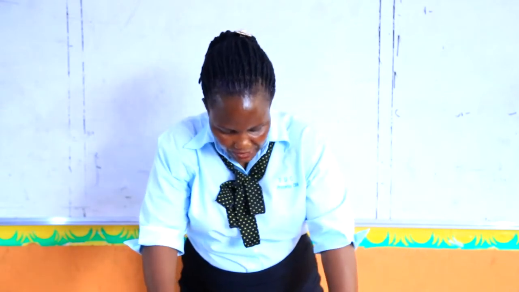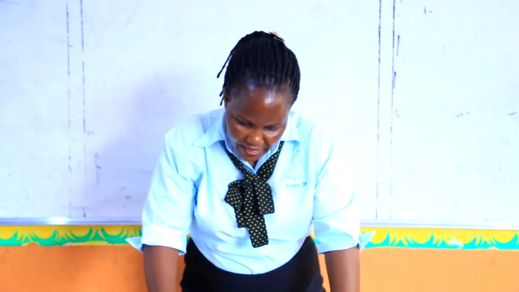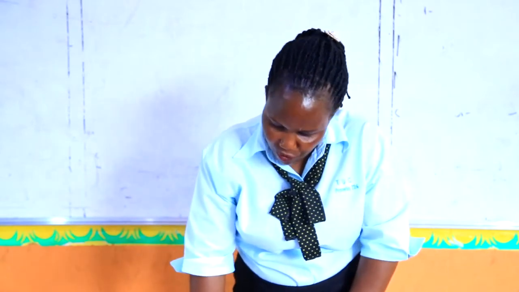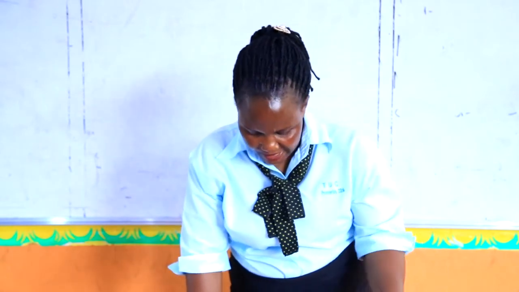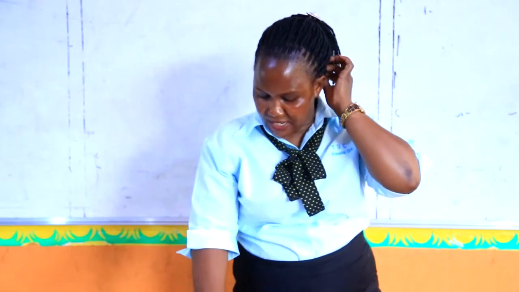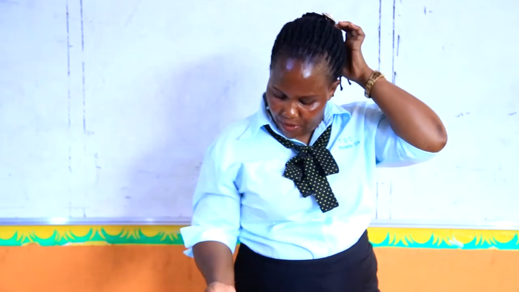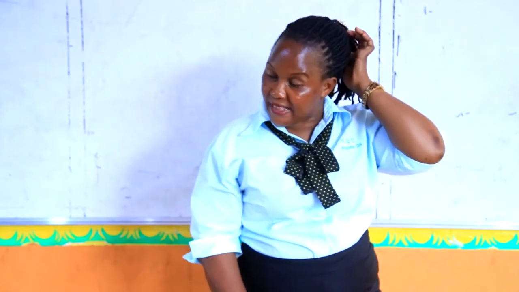Then you have day 29. Day 29, we are having this activity of read and draw. The first activity, we are going to review the learned consonant blends. Read them so that you understand them. And review the previously learned words.